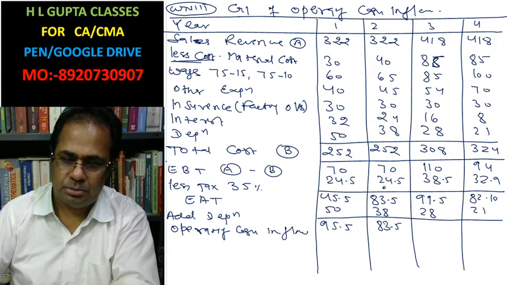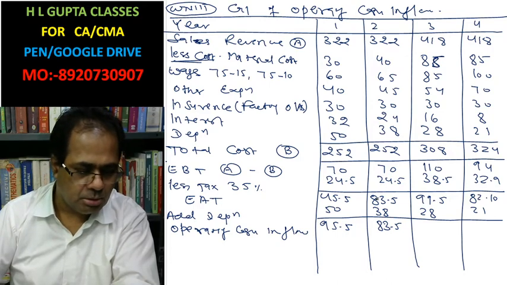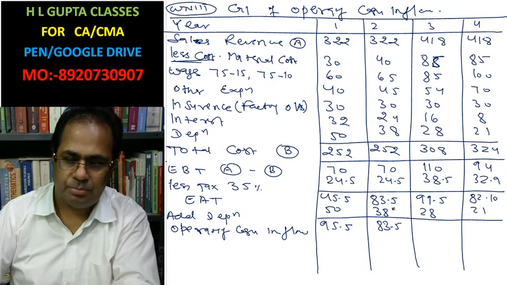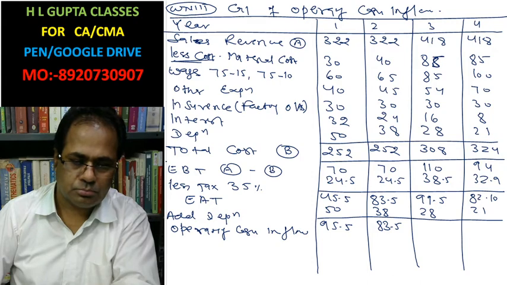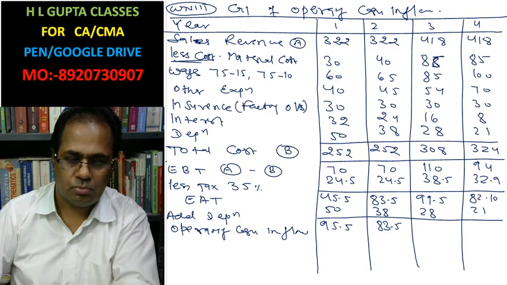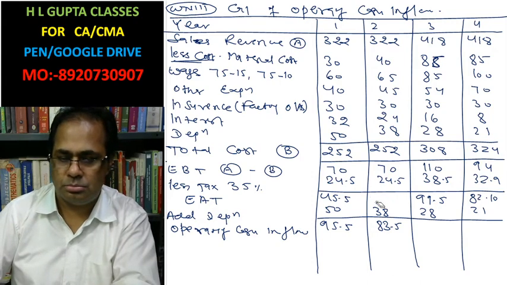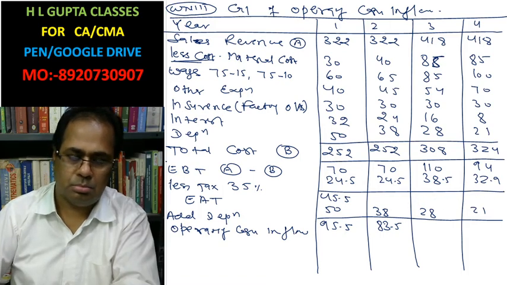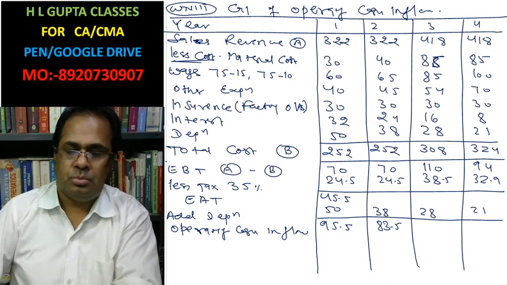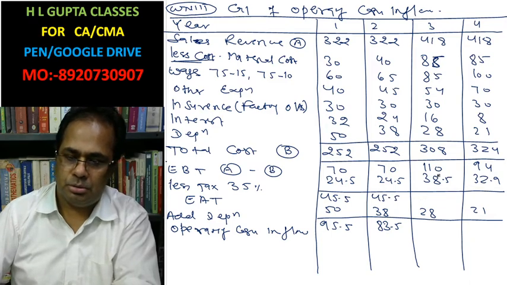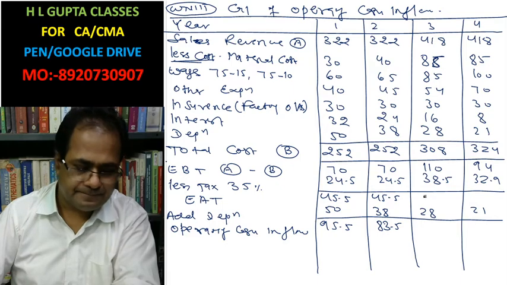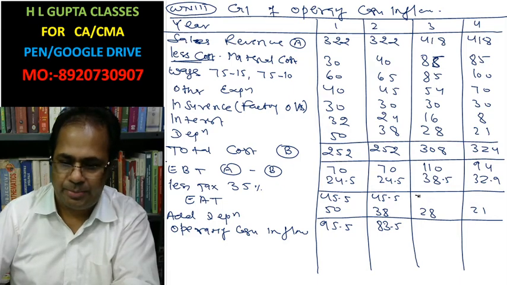Look at it: 70, after subtracting this, you will have 45.5. This is after subtracting, 71.5.